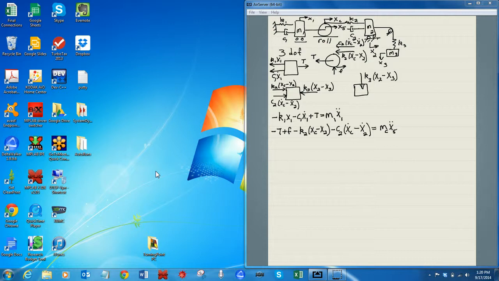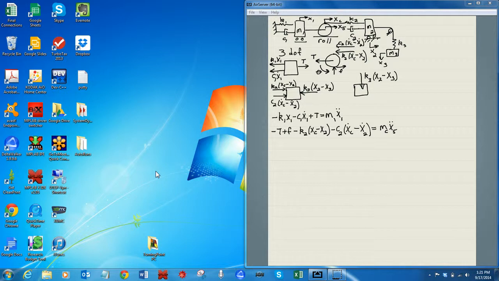Also for the cylinder, I have summation of moments. I'm going to sum moments around the center of mass. I need another variable for the angle, so we'll say the angle is theta, and we'll choose counterclockwise as positive.